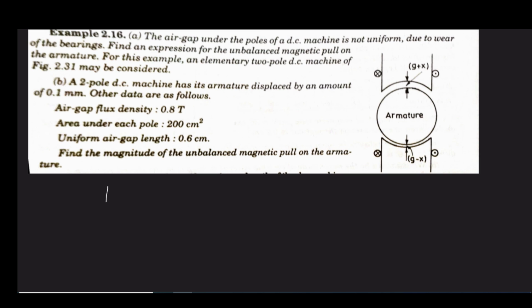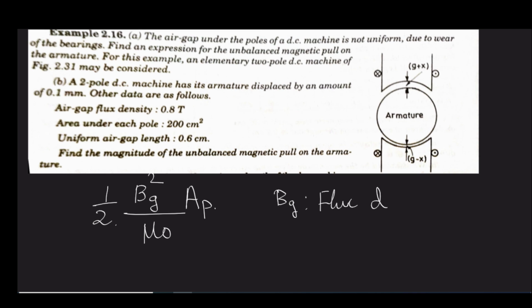It is where this Bg is the air gap flux density, and Ap is the pole area, right?